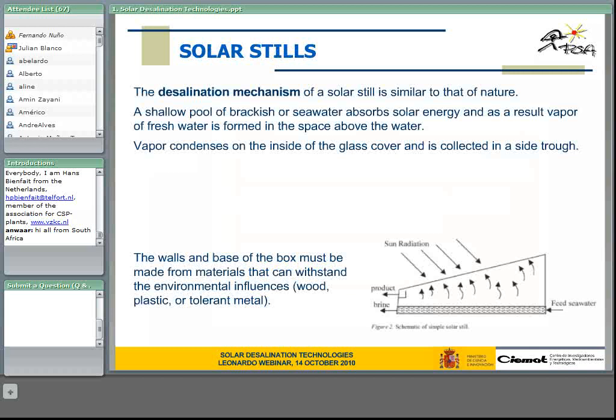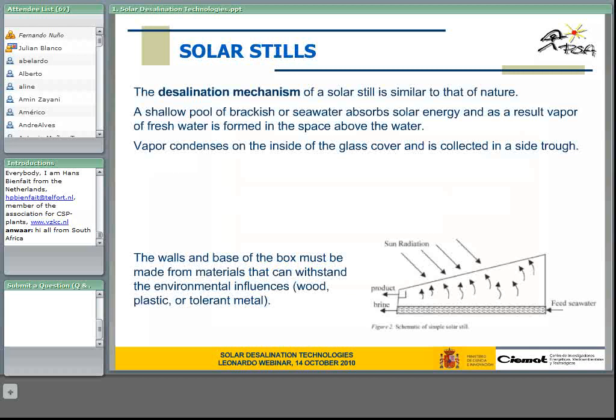We evaporate the salty seawater that is inside due to the difference in temperature. The vapor condenses over the glass surface, and it is collected due to the tilt, the special shape of this cover.